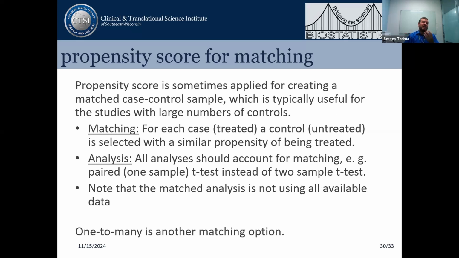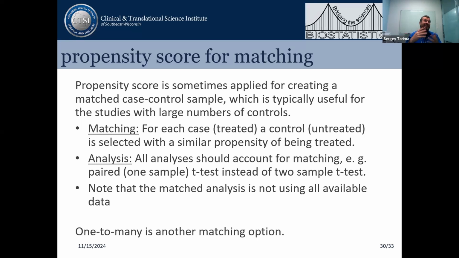Another possibility is matching. As I mentioned, matching is useful if you have a small number of cases and then you select controls. But the problem with matching is that we discard a lot of data, which can be potentially useful.